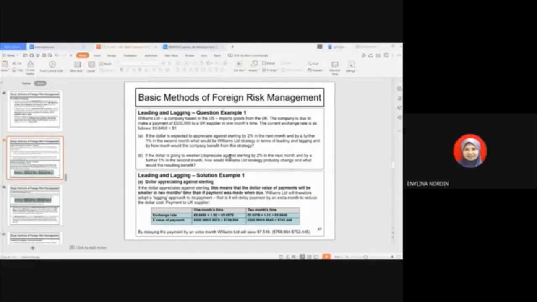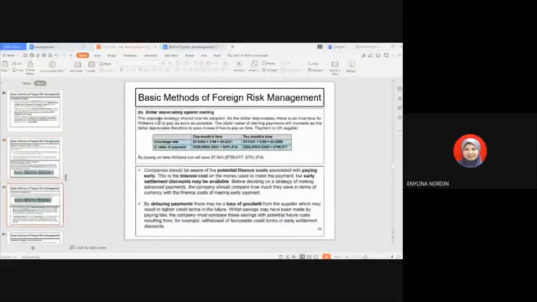If the dollar is expected to depreciate, the sterling is expected to appreciate. If the dollar depreciates against sterling, what strategy, and what does it mean actually?